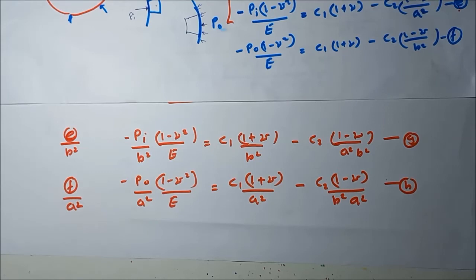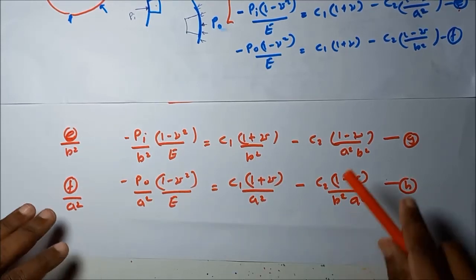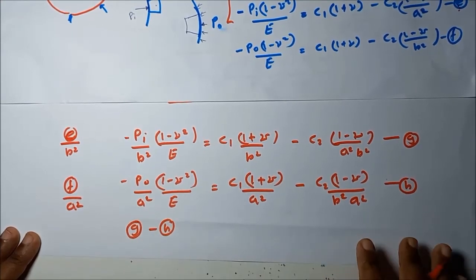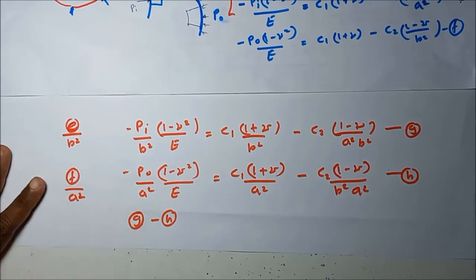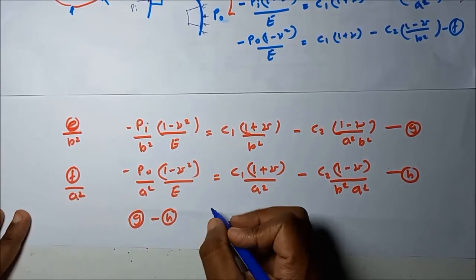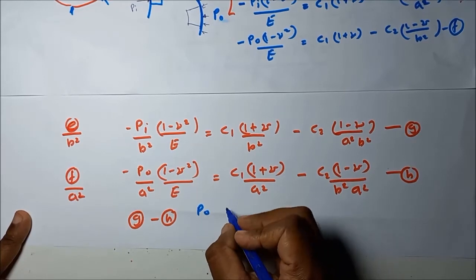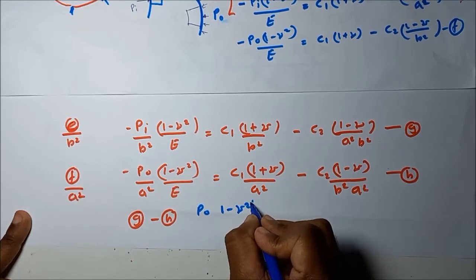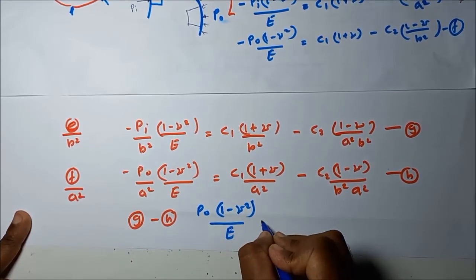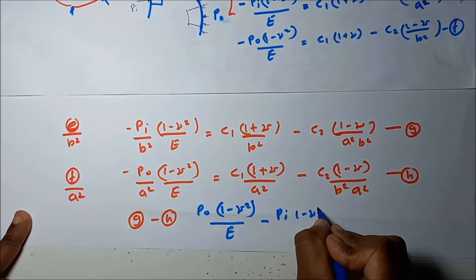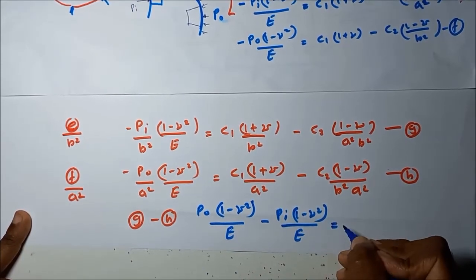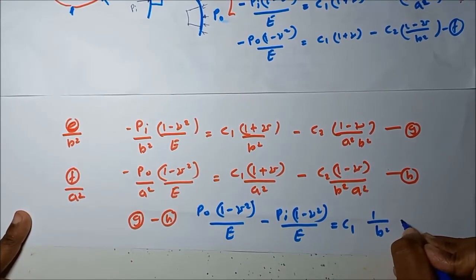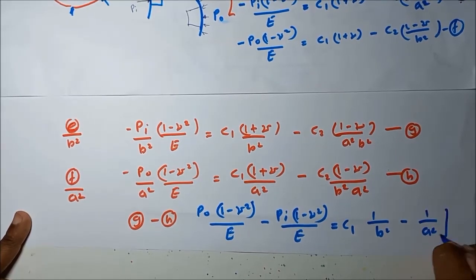To remove the c2 terms, I am going to subtract G minus H. From G minus H we are getting p naught (1 minus nu square) divided by E minus pi (1 minus nu square) divided by E is equal to c1 (1 over b square minus 1 over a square).